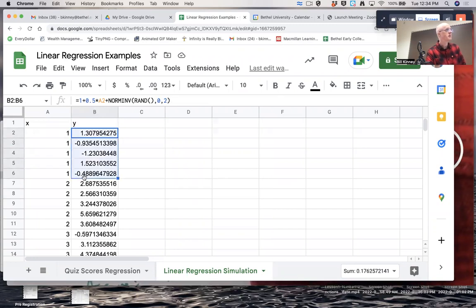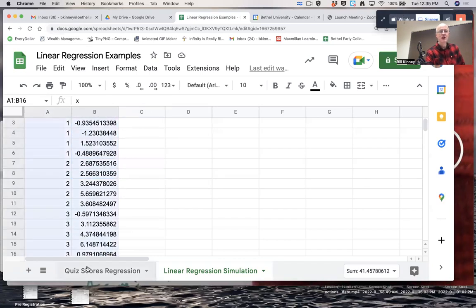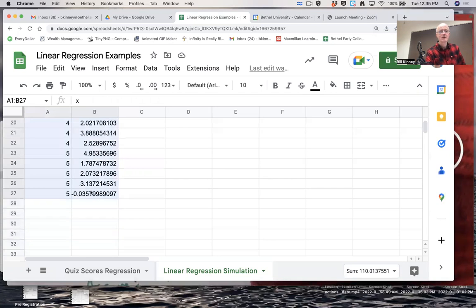That's because of the deterministic part, because of the 1 plus 0.5x having a positive slope, right? As X gets bigger, 1 plus 0.5x is going to get bigger. But these numbers don't get bigger monotonically. They jump up and down. That's because of the randomness. Let's make a graph, scatter plot of these things and see what we see.